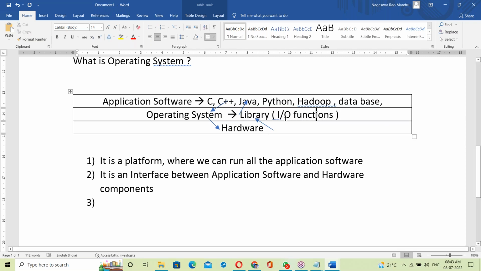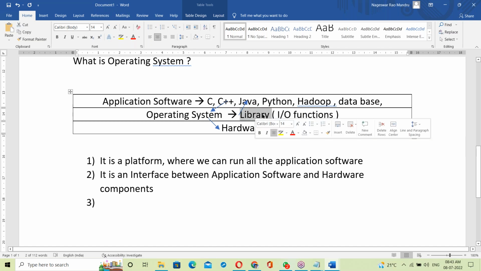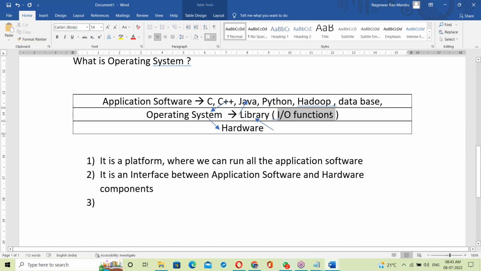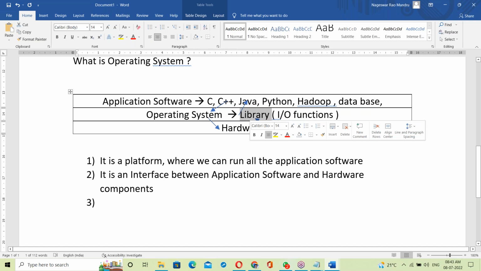So the OS contains a library, and that library contains all the input output functions. A library is a collection of input output functions to perform IO operations. In every OS there is a library.